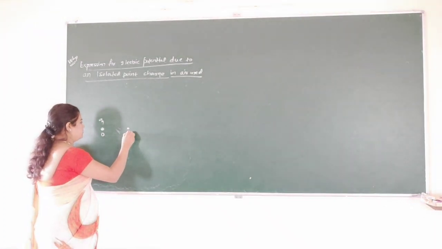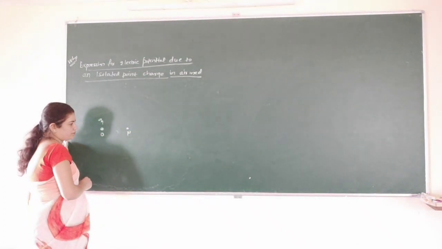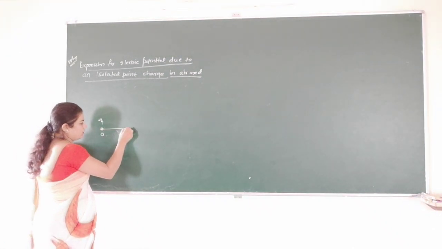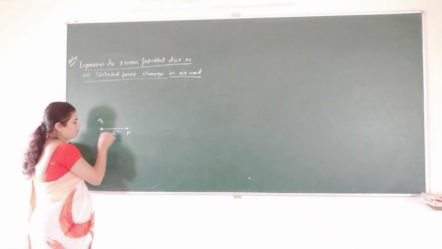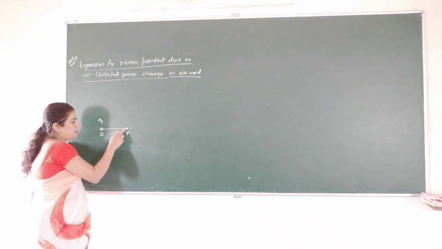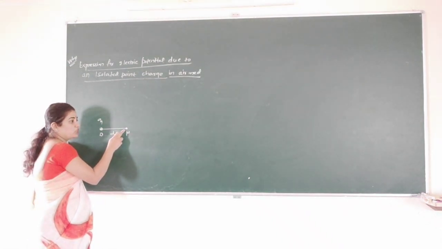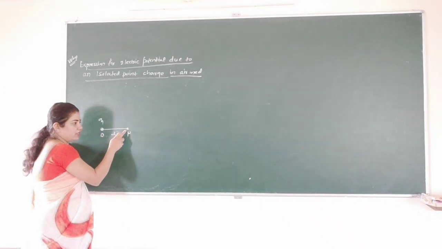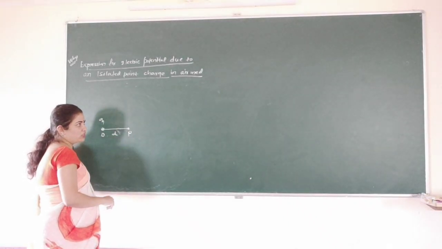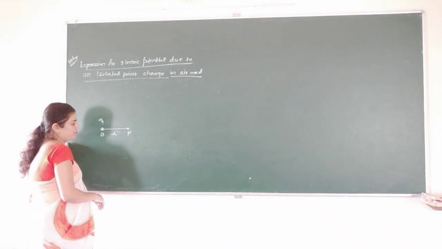This point is at P, at a distance D. The distance between these two is D. Here, how much potential is there that I want to measure. To measure the potential of electric charge at this point, we need expression. That expression we are deriving.